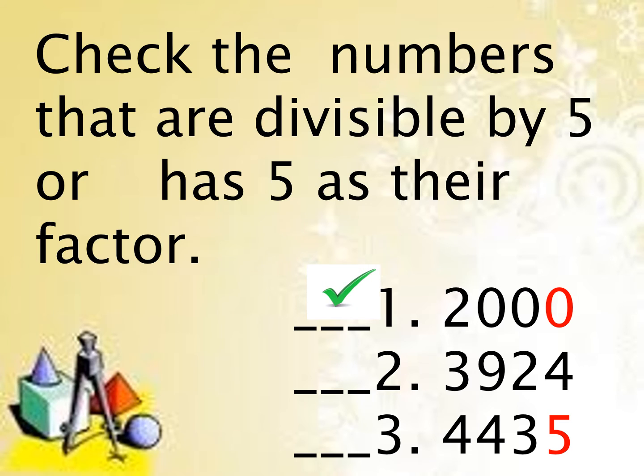The answer is number 1 and number 3. So, mapapansin natin na ang number 1, 2,000, ends in 0, while the number 3 ends in 5. So, tandaan, mga number na divisible by 5 are numbers that end in 0 and 5.